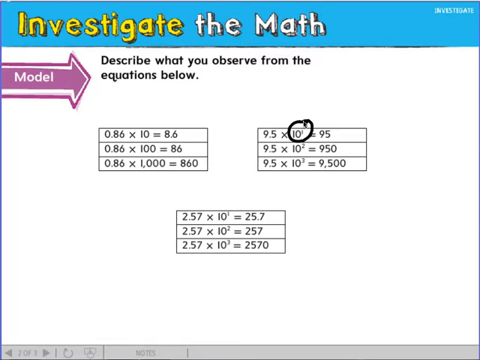The decimal moves to the right how many places on 10 to the first? 1. How many places does it move when you multiply it by 10? 1, right? Because it moved from here to there. Right? Okay? How many places did it move when you multiply by 100? So it moved once, it moved twice. 10 to the second, how many places did it move?